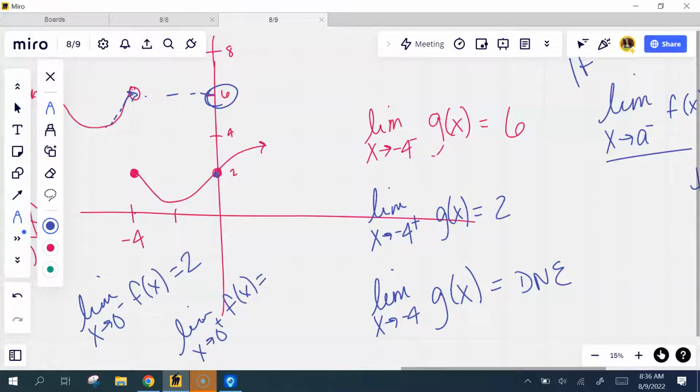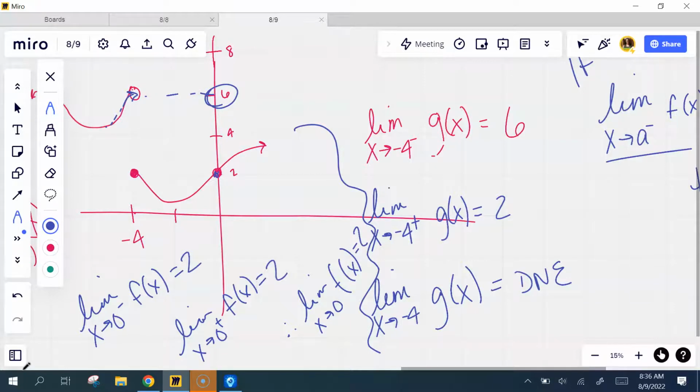Therefore, the limit as x approaches 0 of f of x is also 2. I ran out of room, I'm sorry. So if the left-hand limit is the same as the right-hand limit, then that's also the limit at that particular value.